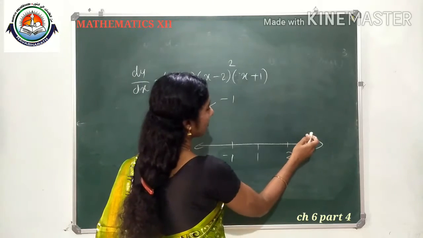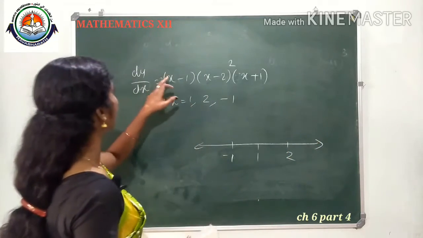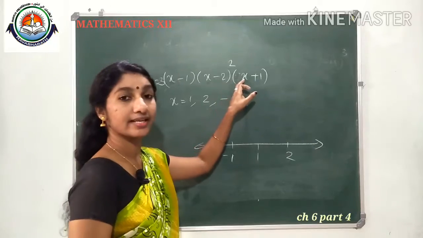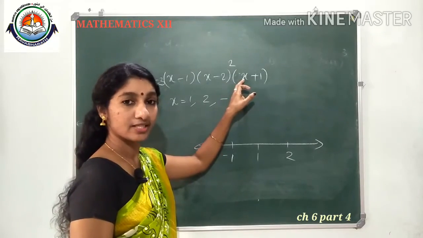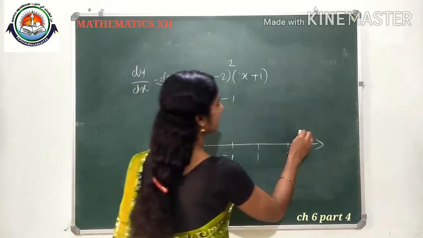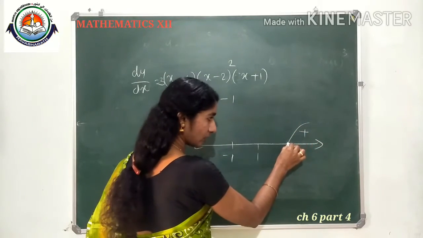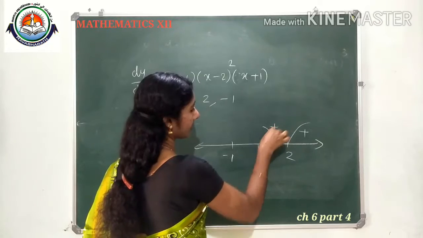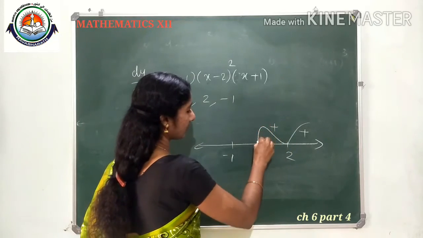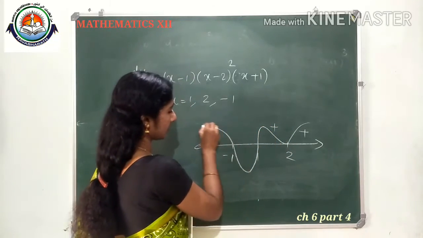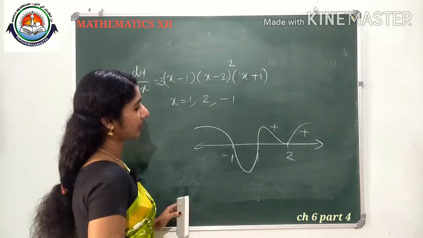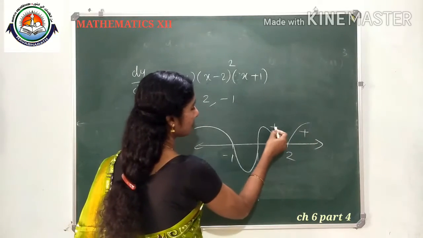So, and what about the first one? First one, here also the coefficient of the highest degree term is positive, so here it is positive. And the graph will come, here it is positive, it will not cross, the same will come here again, positive. Then at 1 it crosses, at minus 1 it crosses. Okay, so we will get positive, positive.